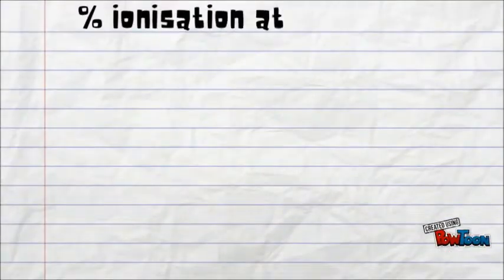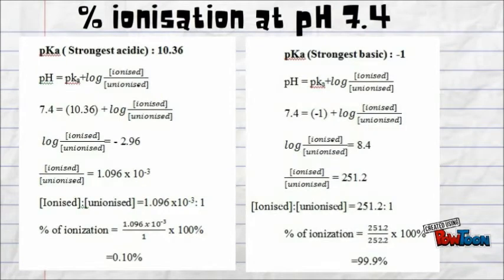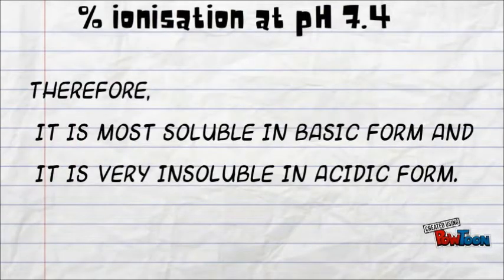By using the pKa values, the percent ionization at pH 7.4 is calculated. At strongest acidic it is 0.1, at strongest basic it is 99.9.